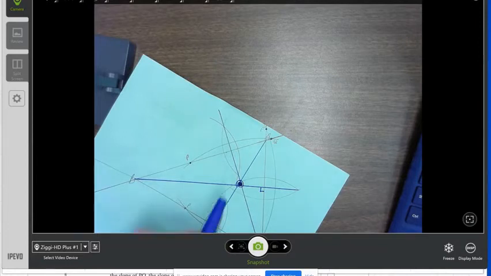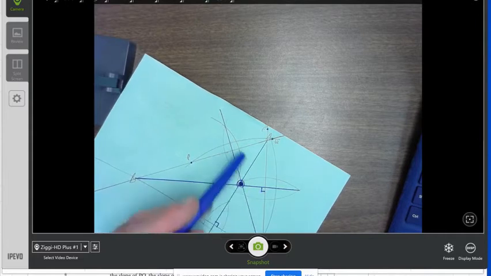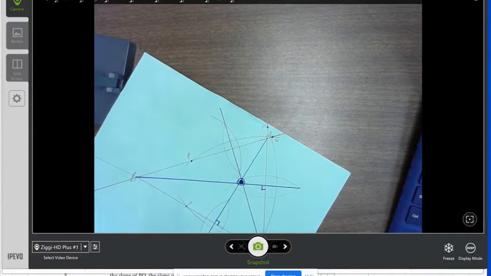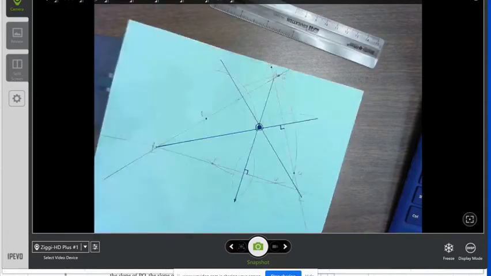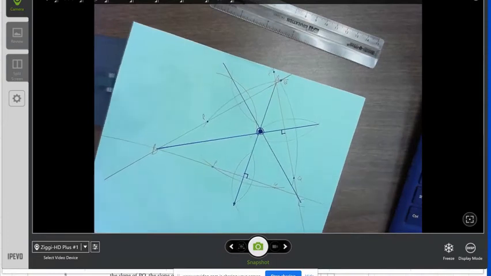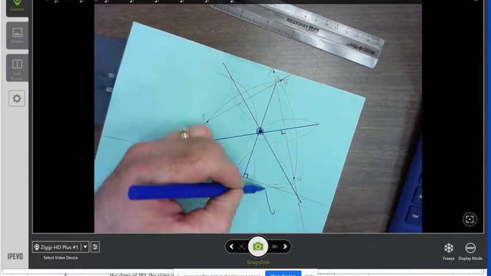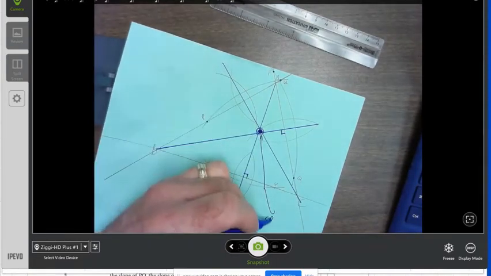But again, having a sharp pencil and working as large as you can will improve your precision on that. But these three lines are supposed to be concurrent, and mine were off by a little bit, but they're pretty close. And so those are 3 altitudes, and that makes that the orthocenter.